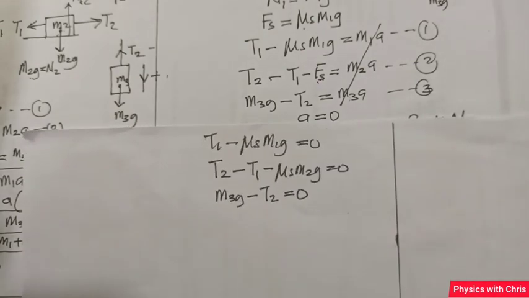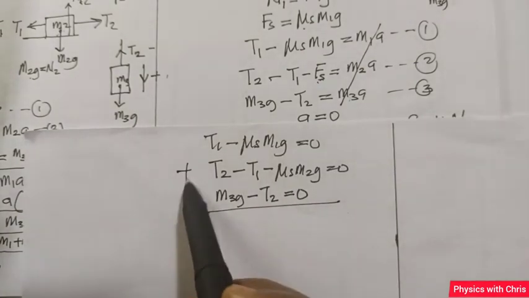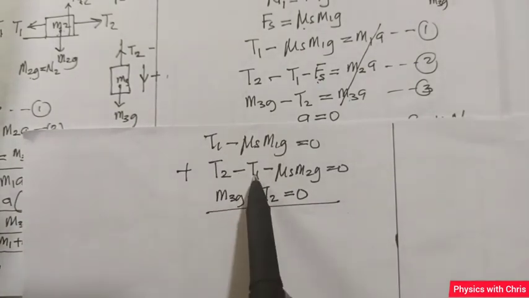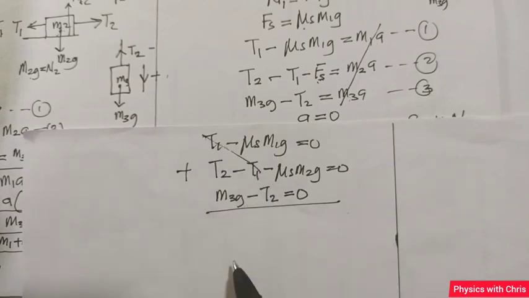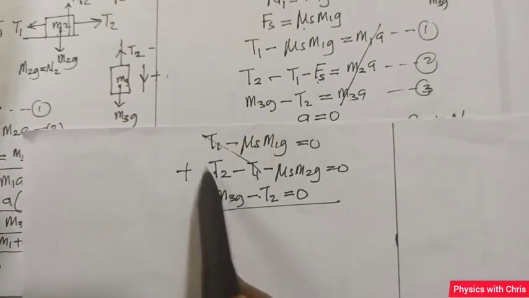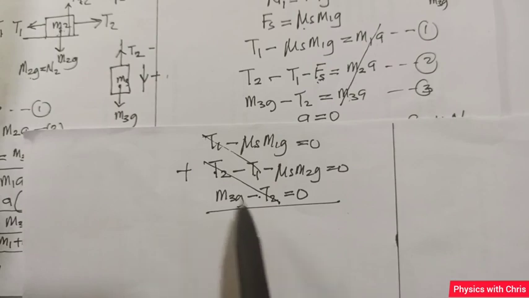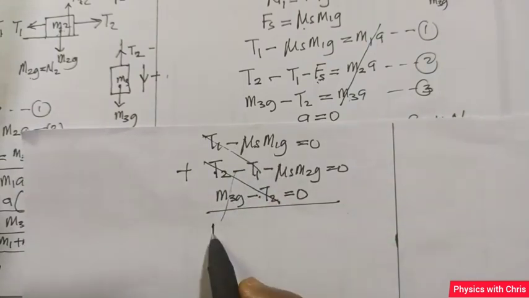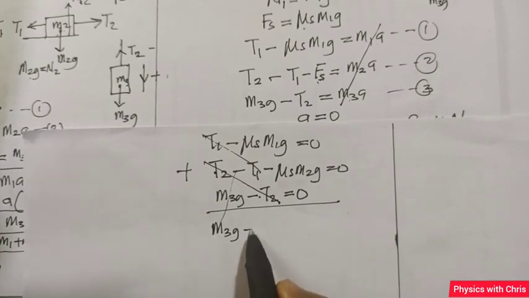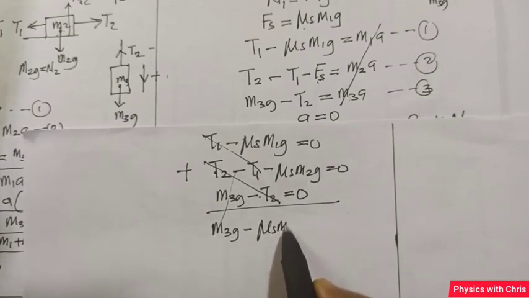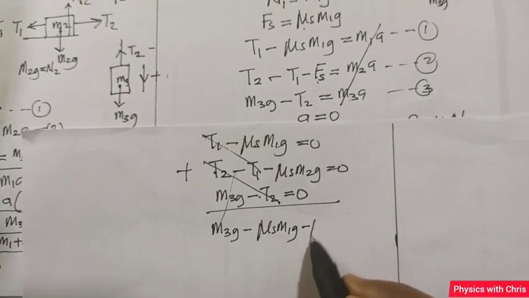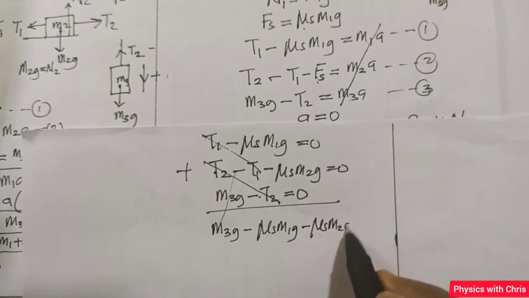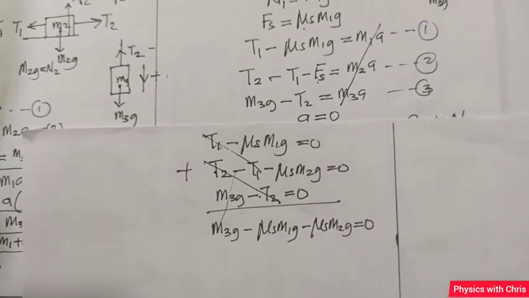Adding the three equations, this T1 will cancel out, and T2 minus T2 is gone. On the left hand side, I now have M3G minus mu s M1G minus mu s M2G is equal to 0.